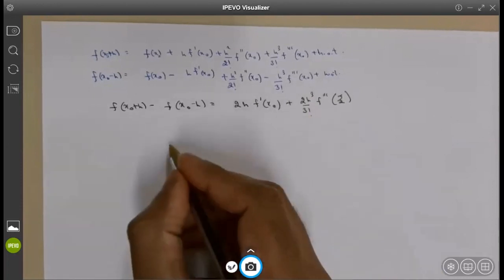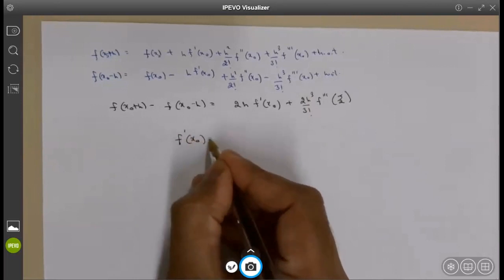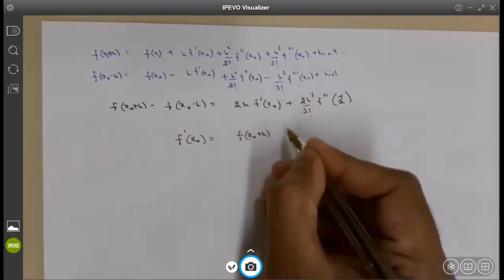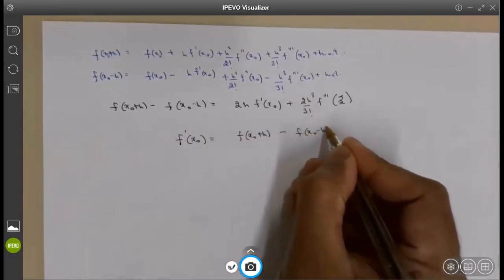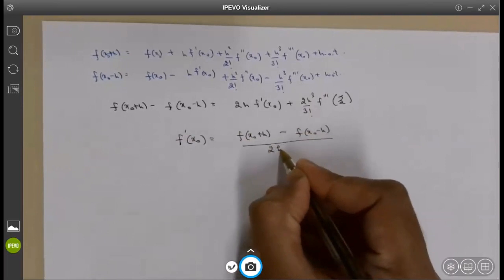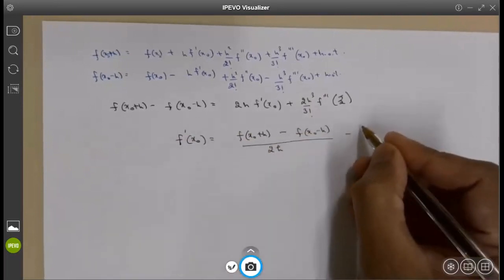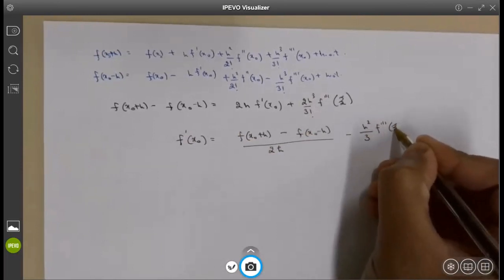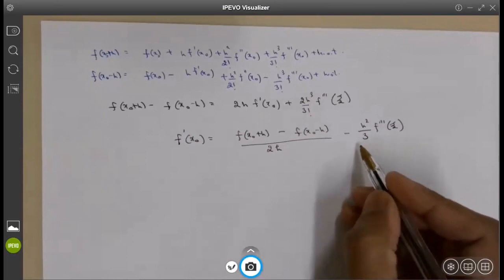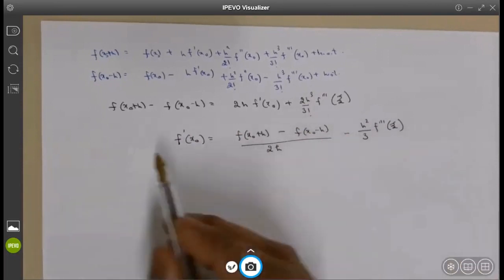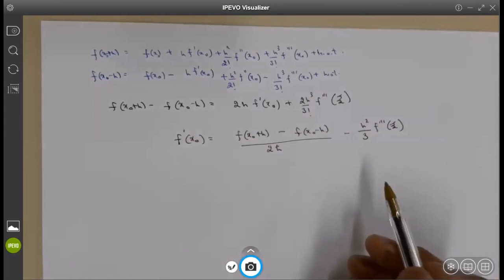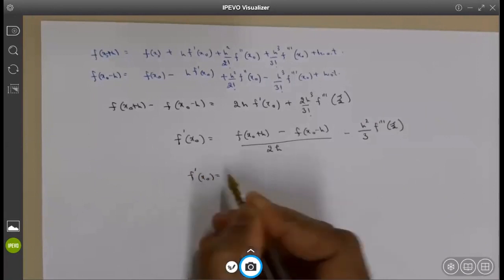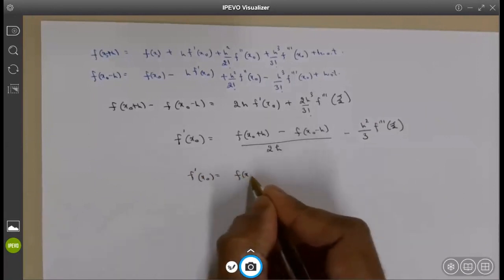So f derivative of x naught can be written as f of x naught plus h minus f of x naught minus h divided by 2h minus h squared by 3 f triple derivative zeta, where zeta is a number between x naught plus h and x naught minus h, and the approximation is called the center difference formula.